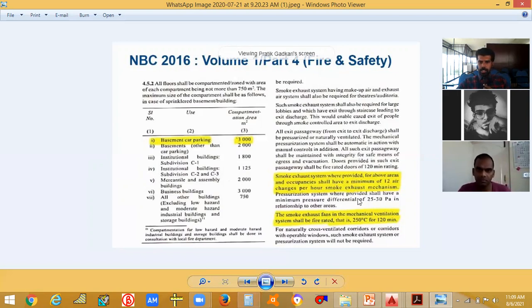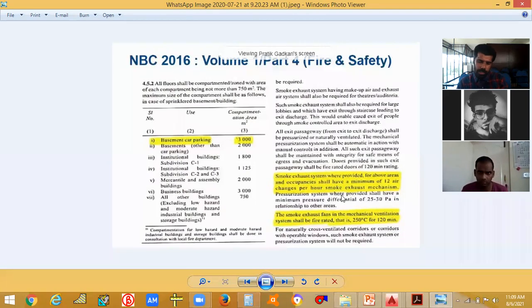And the pressurization system comes in stairwell pressurization.